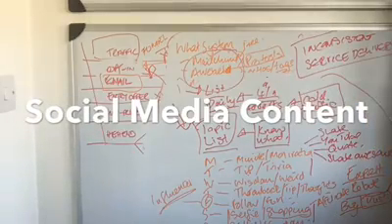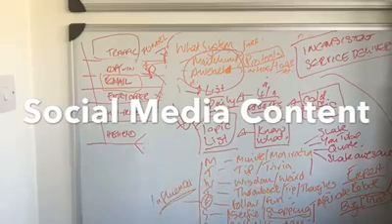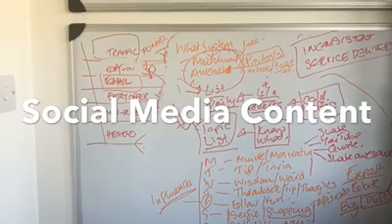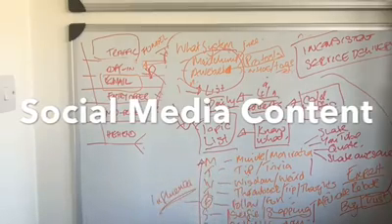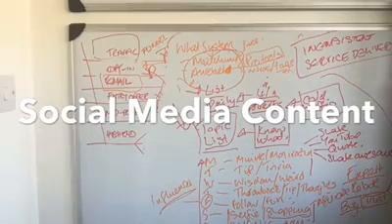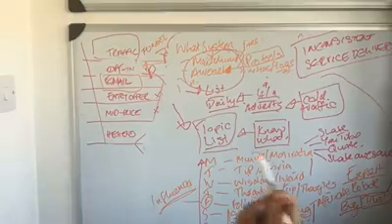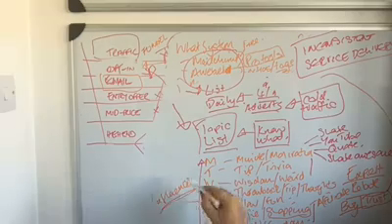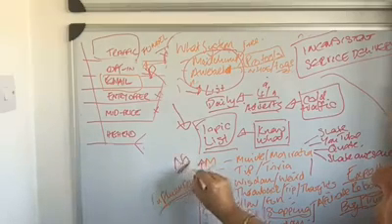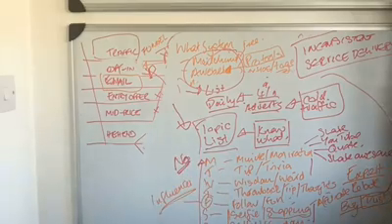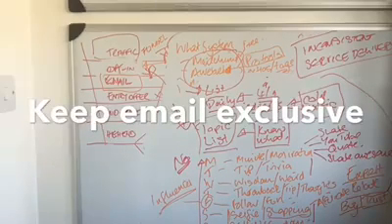As you can see from this sort of weekly timetable of activities, you could actually use that also to help you plan content for any social media pages you're on. So I'm not saying share your email with your social media page. I would actually say that's a no-no, because otherwise why would they join your list? They can just see it on Facebook or Instagram.